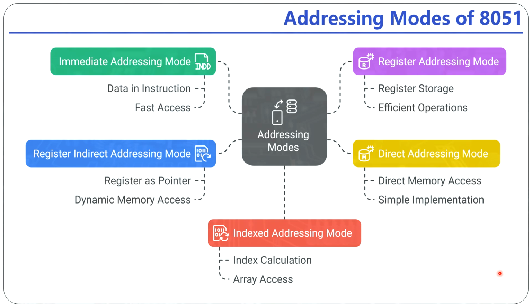So, to summarize: immediate is the fastest, with data inside the instruction, right? Register, fast access using CPU registers. Direct addressing mode, simple memory access. Indirect, flexible and dynamic access.